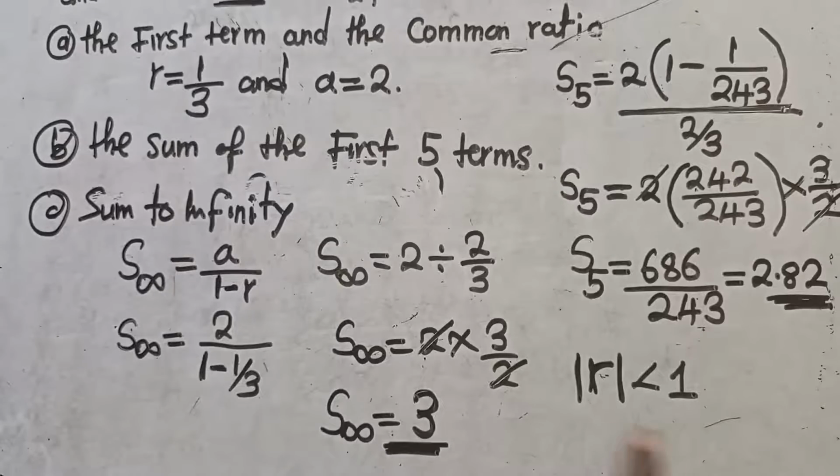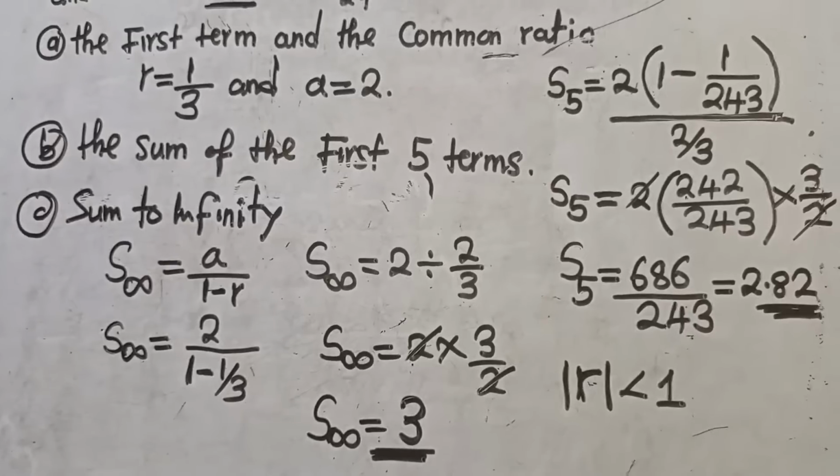So just make sure that you look at the common ratio. If it is greater than 1 and you are told to find the sum to infinity, just say no solution, because the modulus of the common ratio must be less than 1. That is what you are supposed to do.